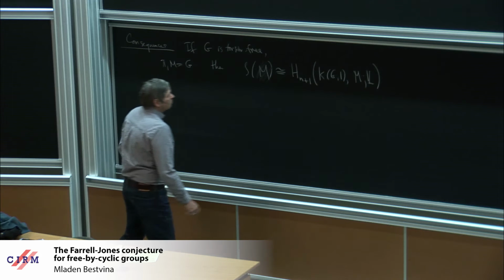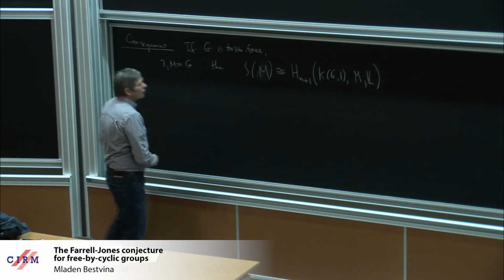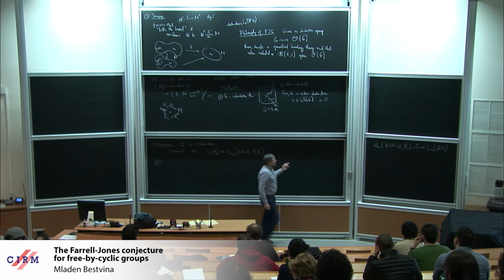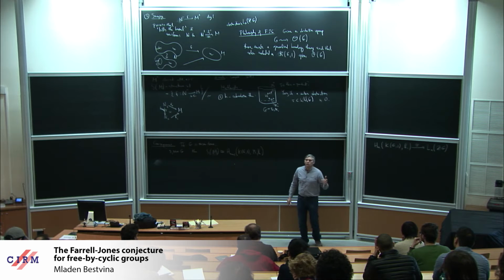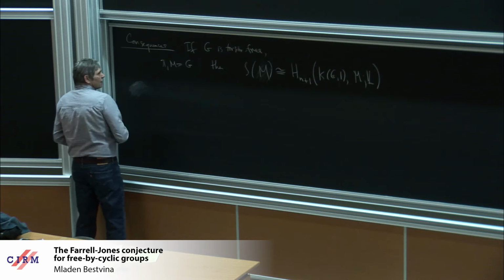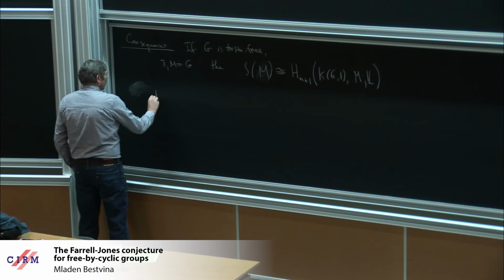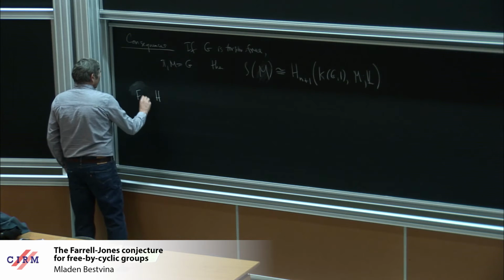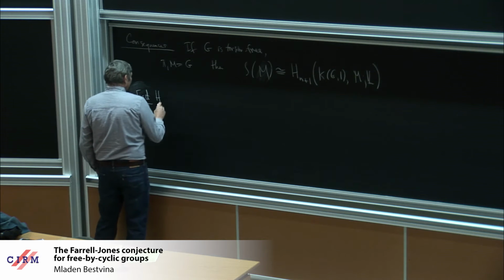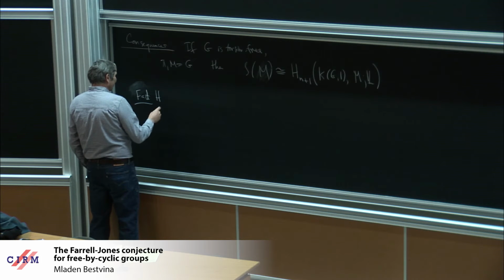Okay, so let's do some examples. Oh, I have to tell you, when you're faced with a homology theory, you have to ask what the homology of a point is. And I'm going to lie a little bit here, but it's all in good cause. So, false fact, or fake fact.